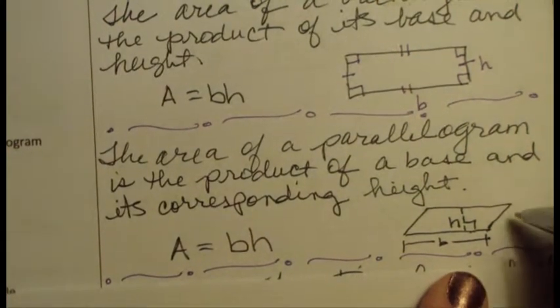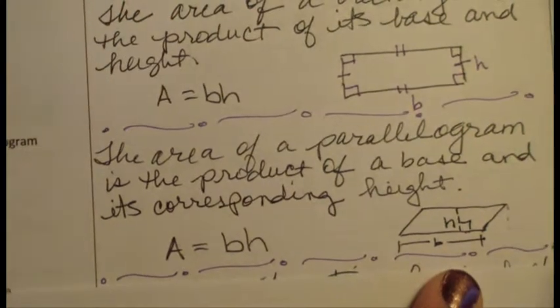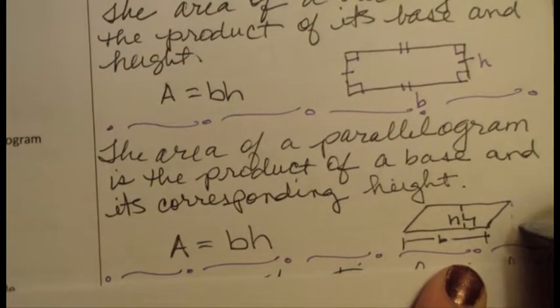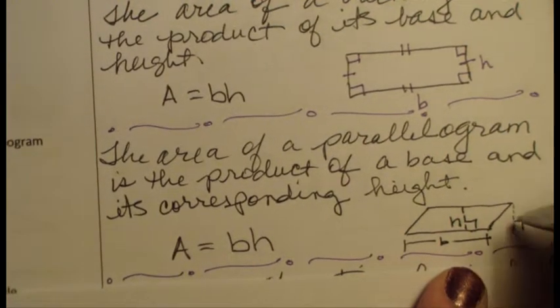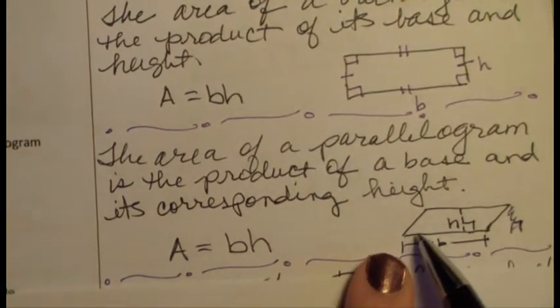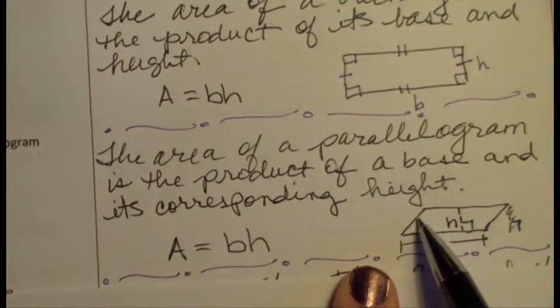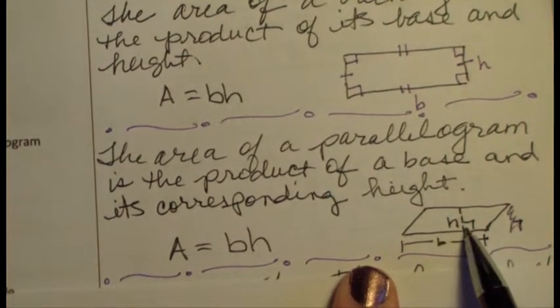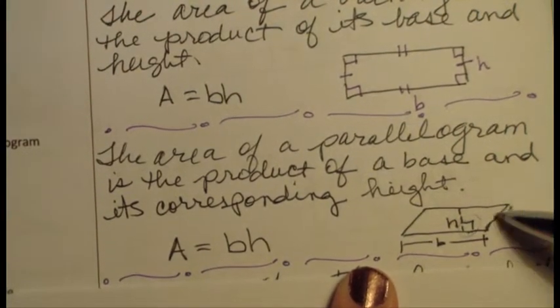Sometimes it might show up outside of the figure, like so. But you're looking for that right angle sign to show that it is the height. And we could have also used these as our base and then drawn a height through here. You're just looking for this right angle sign to show you where your height is.